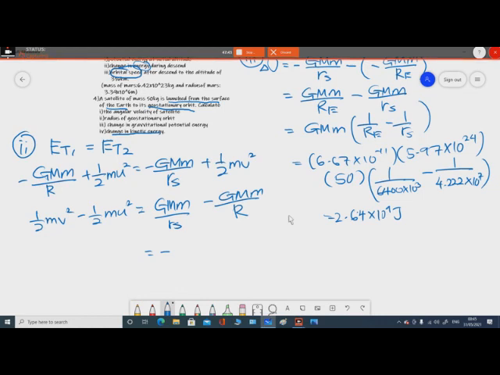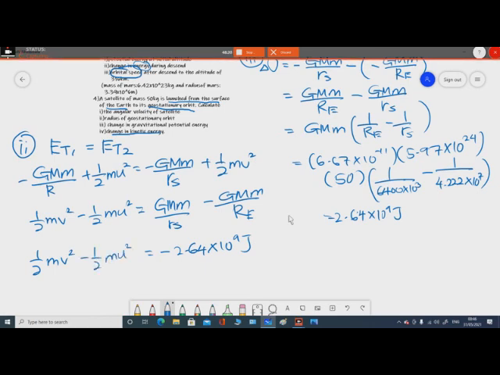Why should I say negative? This is because 1 over small r_s minus 1 over capital R_E is negative, and so this one will give us the negative value. So it equals negative 2.64 times 10 to the power of 9 joules. So this is our change in kinetic energy.